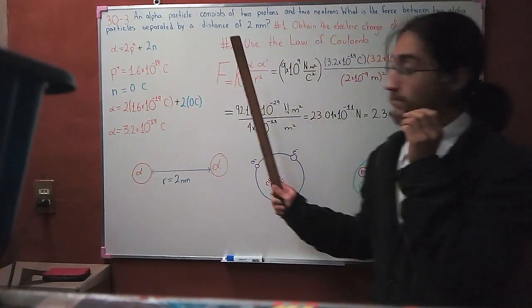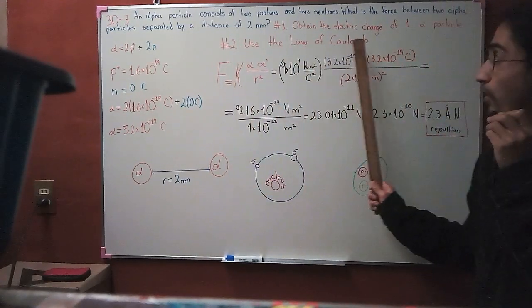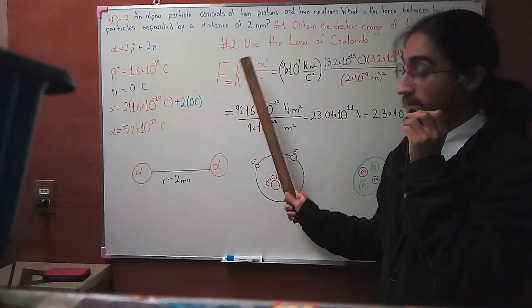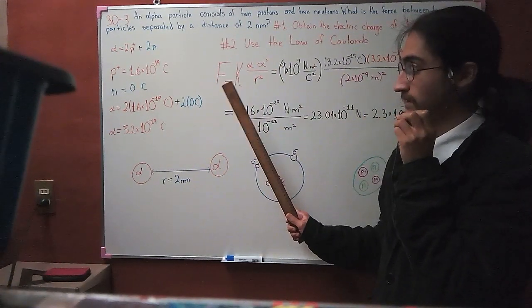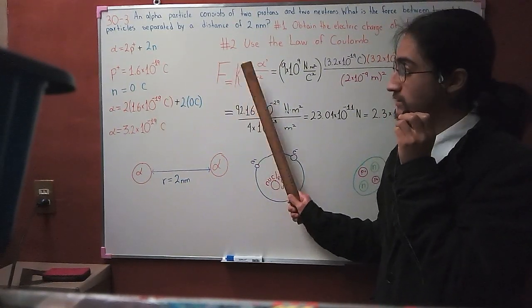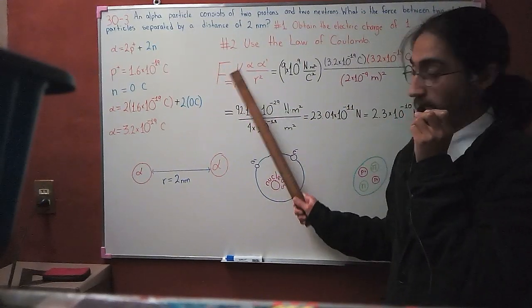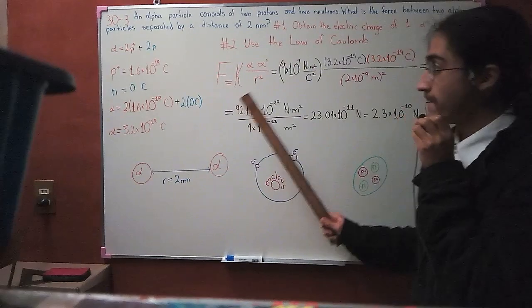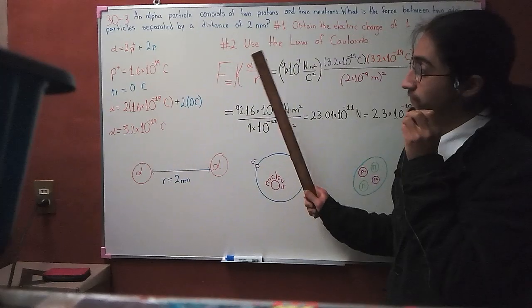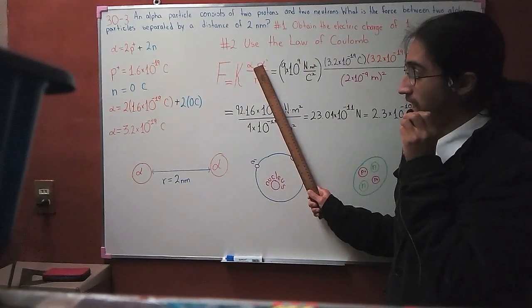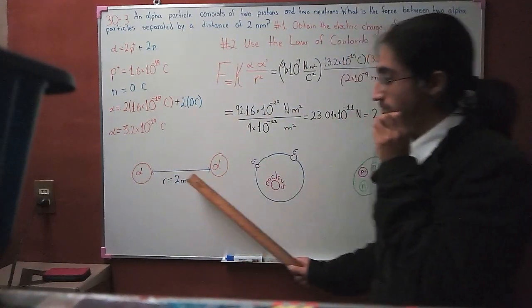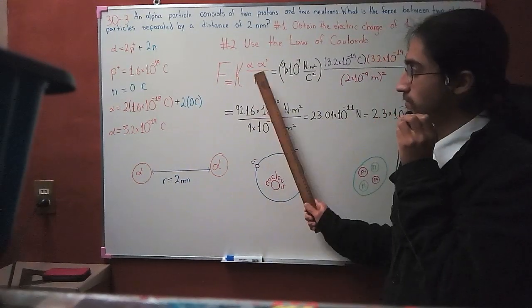So step number 2 is to use the law of Coulomb, that establishes that the electrical force between two electrical charges is equal to capital F equal to the Coulomb constant K multiplying the product of the two electrical charges, in this case the first alpha particle and the second alpha particle, divided by the distance between them, r squared.